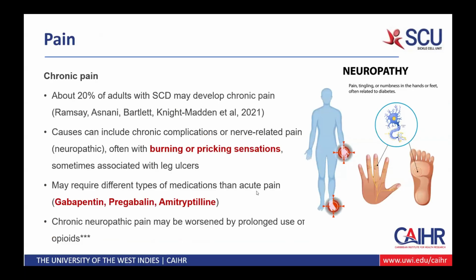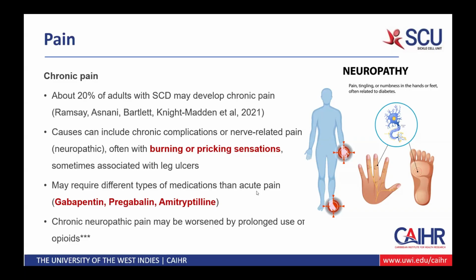Additionally, as patients with sickle cell disease get older, about 20% may develop chronic pain, and a lot of this chronic pain can be due to some of the complications that we spoke about before. So of course, if you have hip damage, that can cause chronic pain. But what we're now discovering is that over time, patients with sickle cell disease also develop nerve-related pain.